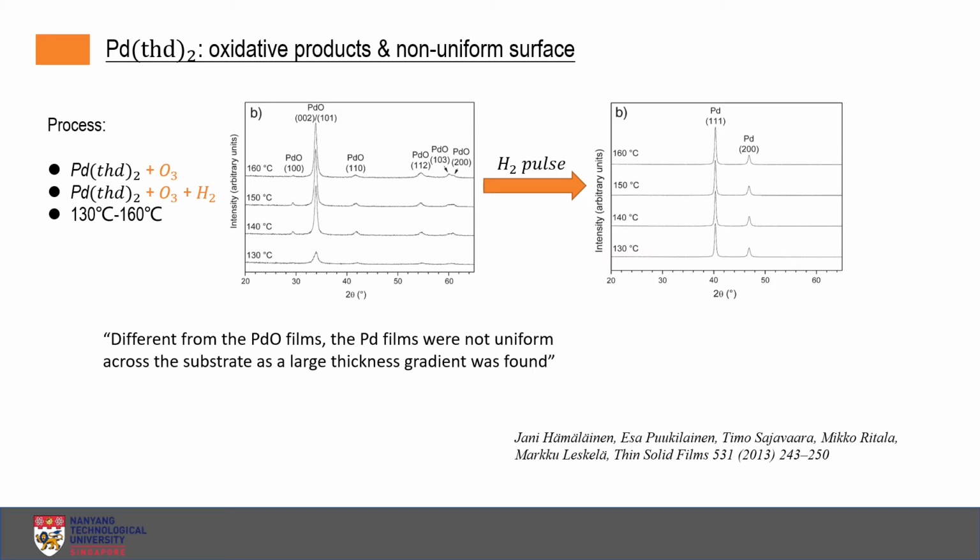They finally succeed in fabricating a Pd thin film with high purity. However, different from PdO films, the Pd films were non-uniform across the substrates, as a large thickness gradient was found. So this precursor was examined with limited success.